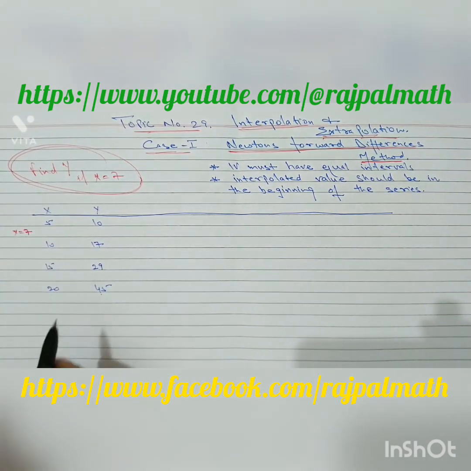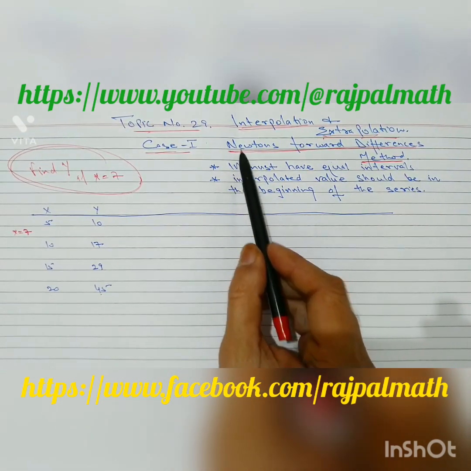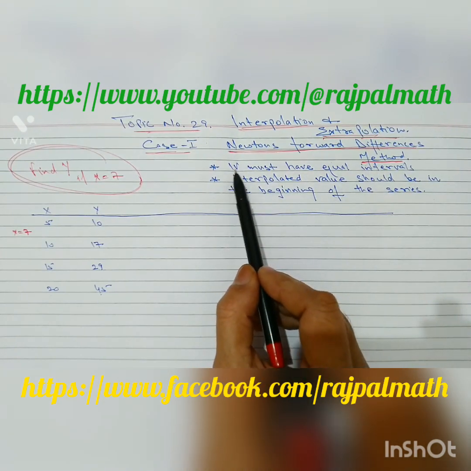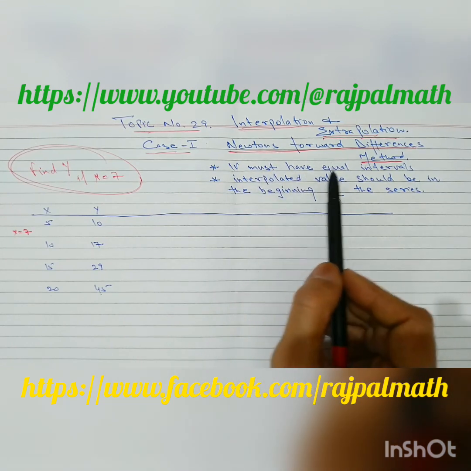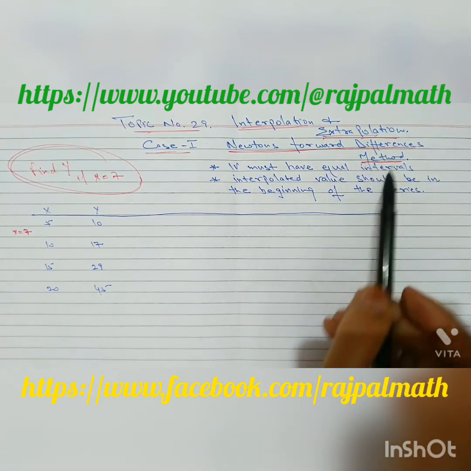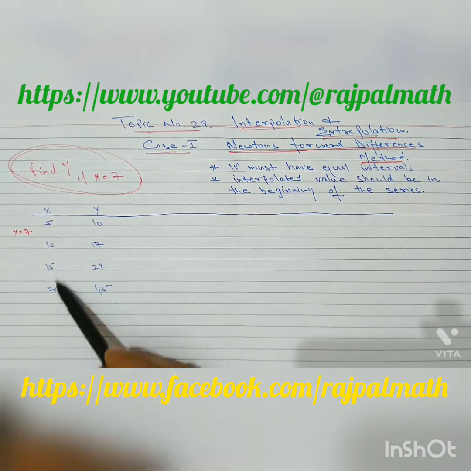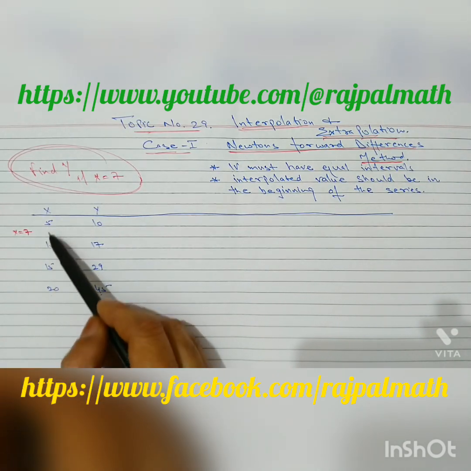Two conditions should be satisfied before applying Newton's forward differences method. First, the independent variable must have equal intervals. Independent variable means x must have equal differences: 5, 10, 15, 20.